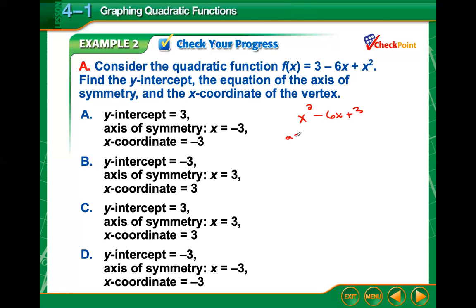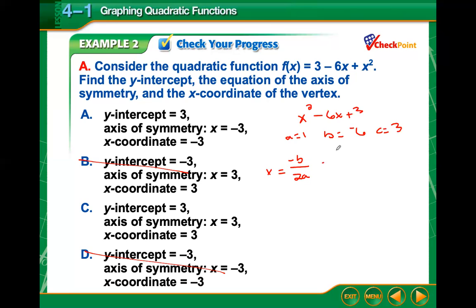So we have a equals 1, b equals -6, and c equals 3. So I know my y-intercept is 3. With that, we cross out b, and we also cross out d. My axis of symmetry is -b over 2a equals x.